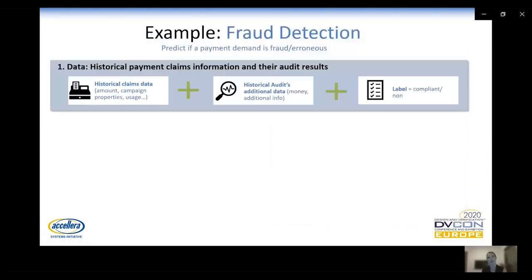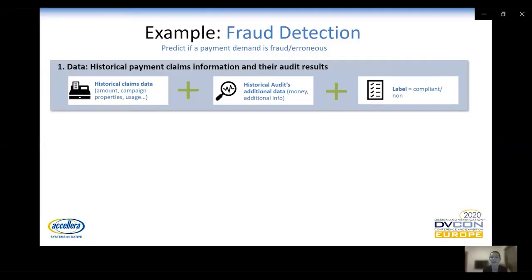So these were the three steps, and I want to start with an example of a use case that we implemented many years ago at Intel. The idea is to be able to identify some fraud or erroneous activity in our sales and marketing domain.